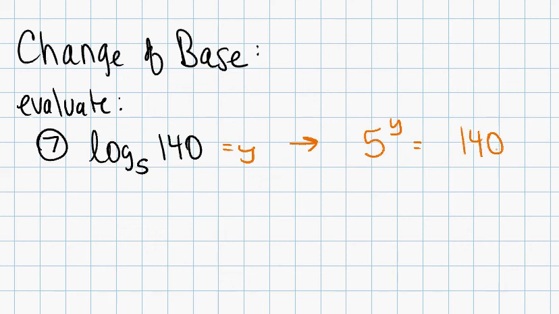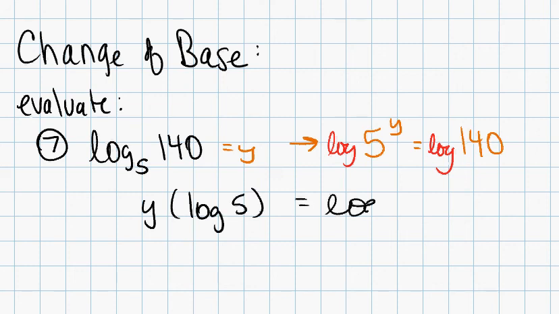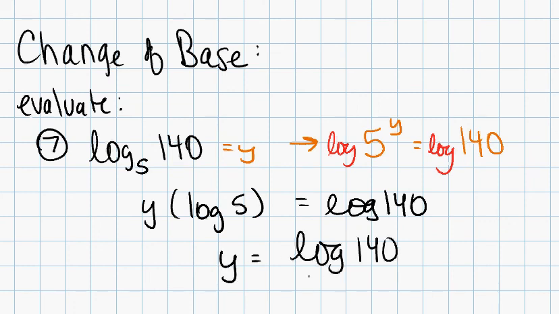And then you can take the log of both sides. So you now have y times log 5 equals log 140. And y equals log 140 over log 5.